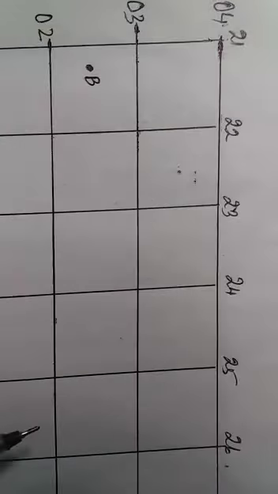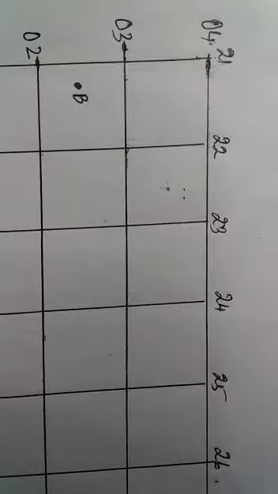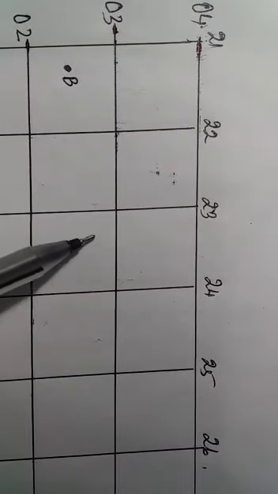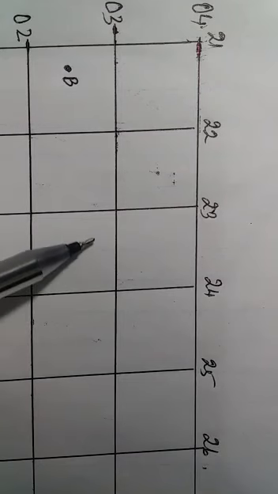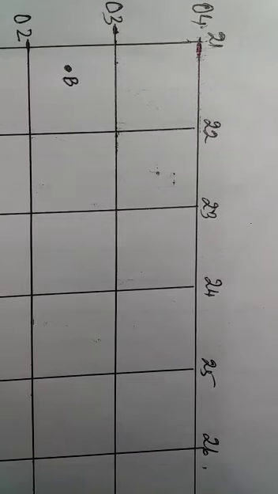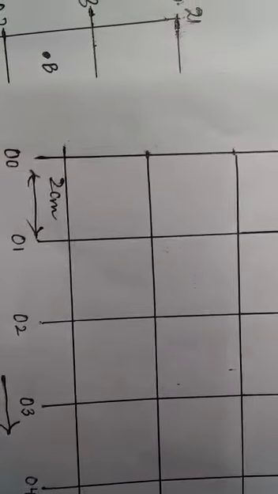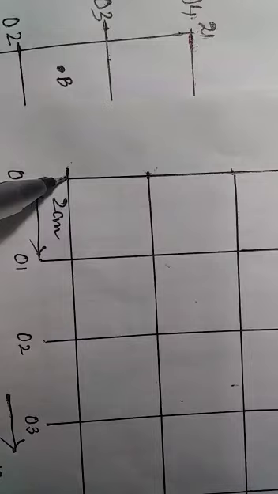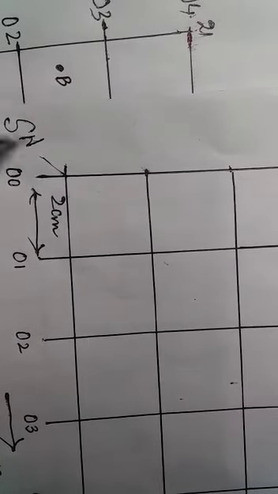Now let us take some examples here. Let us see what the grid number is for this particular grid square. As I have shown you earlier in that map, you can see that the origin always lies in which corner? The southwest corner.